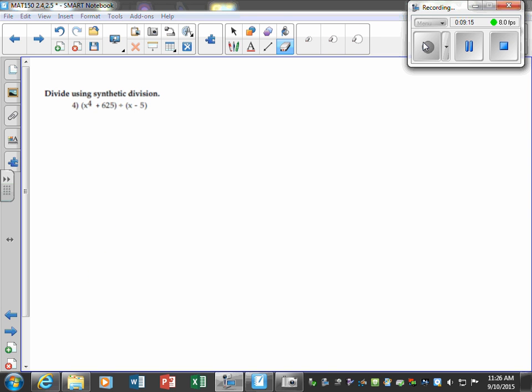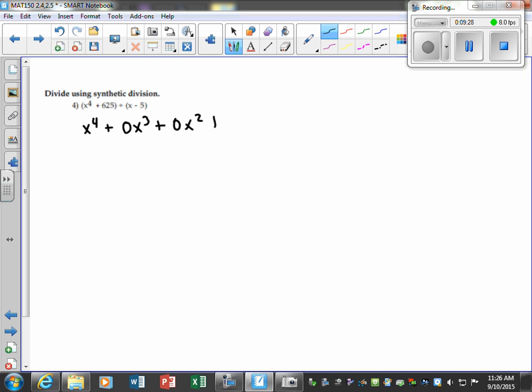Alright, let's see another one. One of the most important parts is to make sure, and I'm going to write this out the long way this first time, there's no x to the third power, no x to the second power, plus 0x plus 625. If you need to, make sure you have zeros as placeholders for any missing terms.